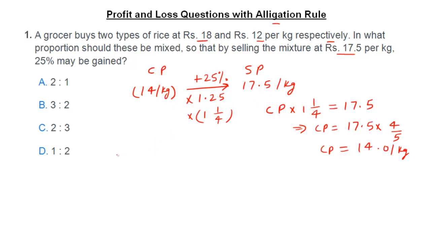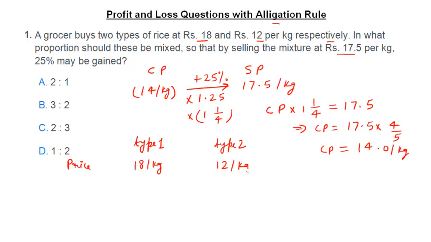In order to apply the alligation rule, you write type 1 on one side and type 2 on the other side. For variety type 1 the price is 18 per kg, so here I am writing price 18 per kg, and for type 2 it is 12 per kg.